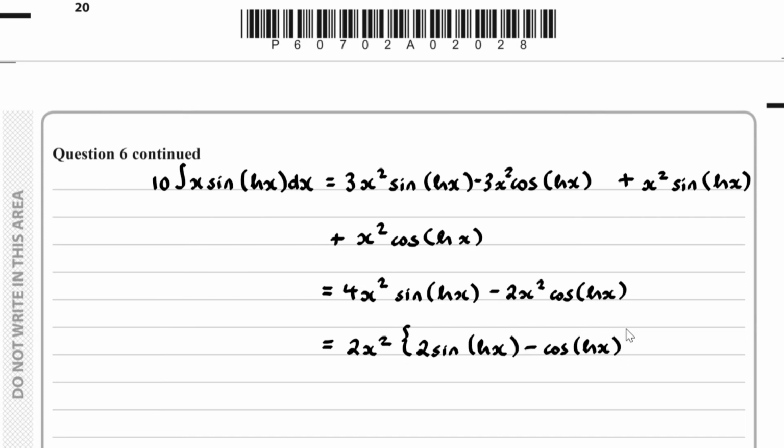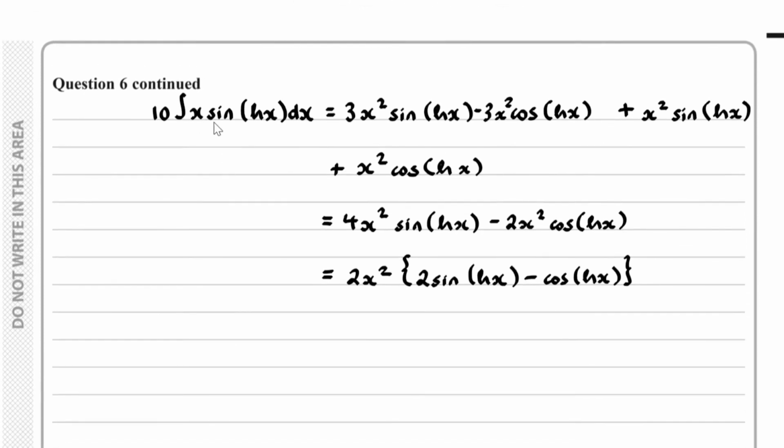And what I need to do now is find out what the integral of x times the sine of the natural log of x is.